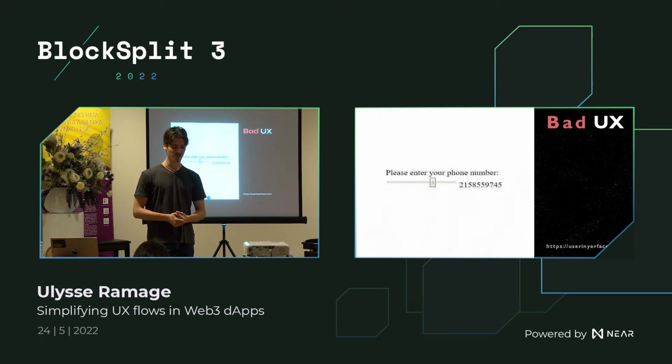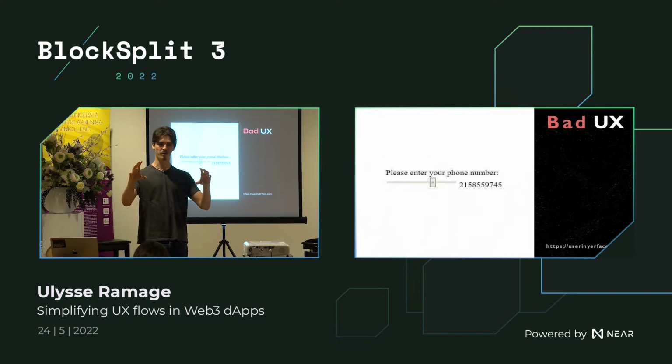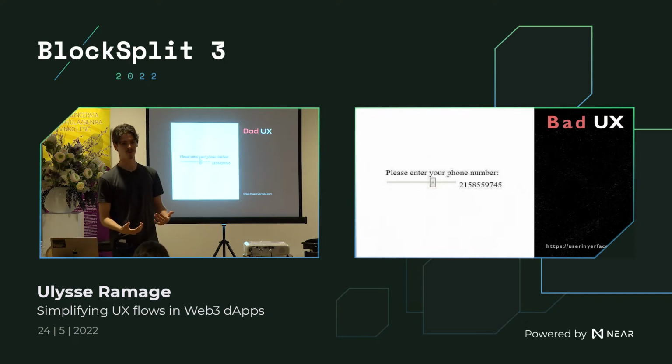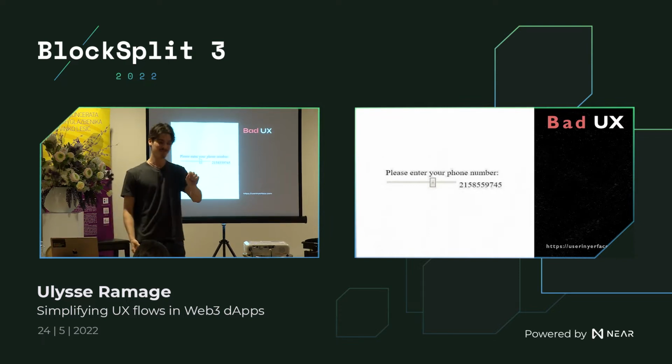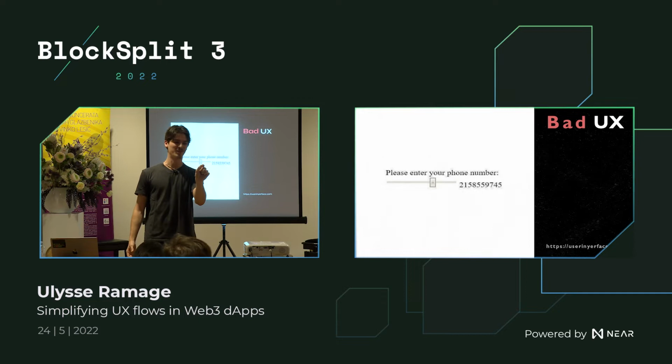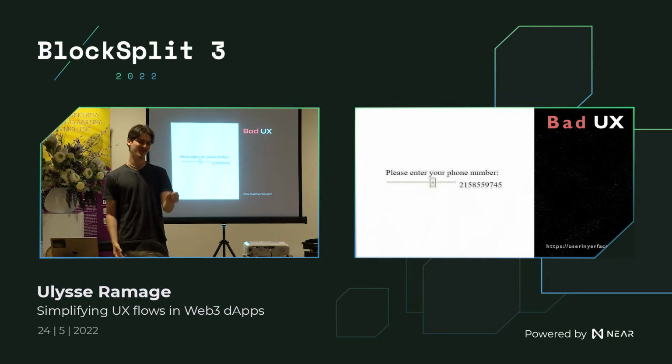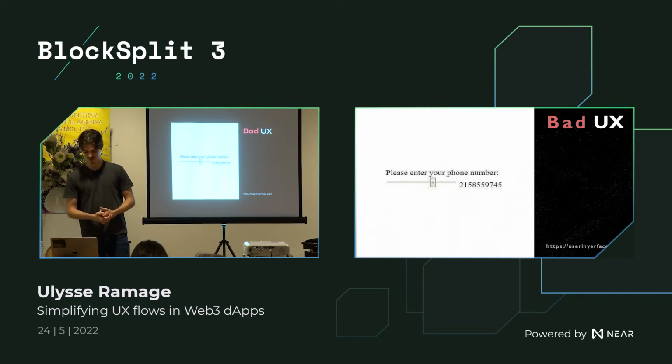If you want to put your date of birth, they're going to start from 1900, so you're going to have to scroll down to your date. This is an example of bad UX. Another example is entering your phone number with a slider, where moving just one pixel will move thousands of phone numbers. It's literally the worst UX there can be, but it's pretty funny to talk about.